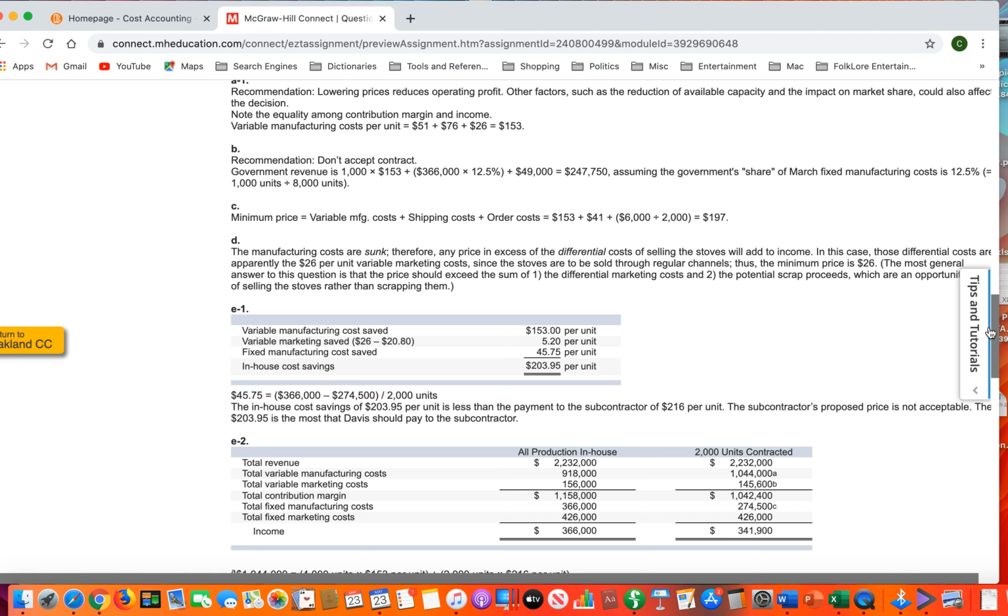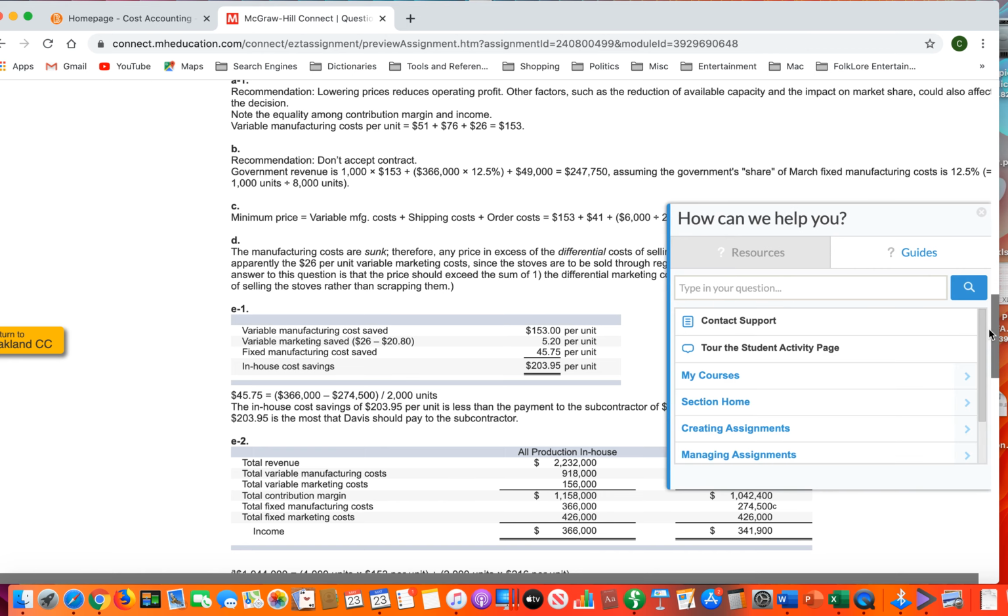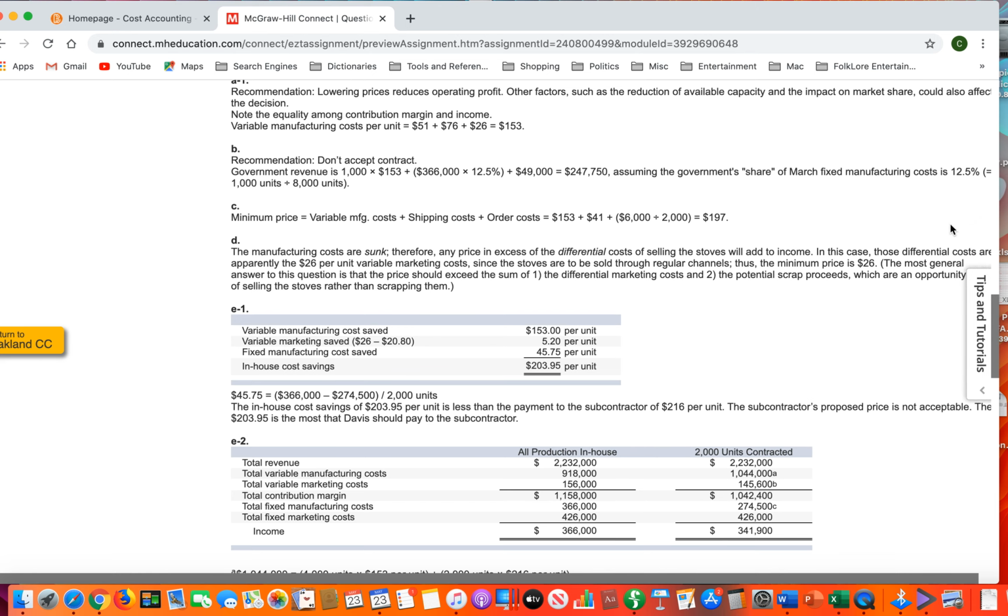And I'm trying to go between my numbers and theirs. So 61. Just bear with me here. Yeah. How to get the 45.75? We got the variable cost, right? You add up those three numbers to get 153. We know that they're going to save 20% or was it 25% off of variable marketing.